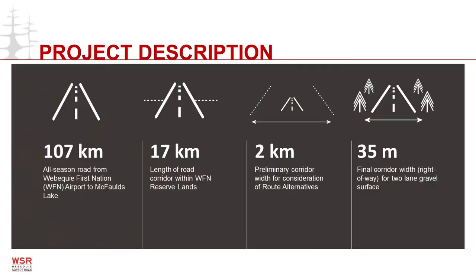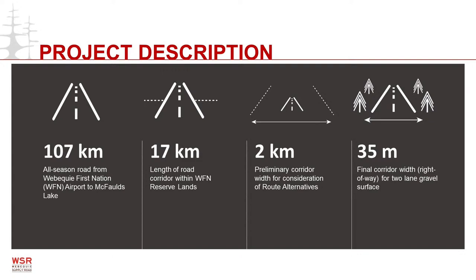The planned road itself is planned to be 107 kilometers in length, as I mentioned, extending from the airport in Webequie First Nation to the McFaulds Lake area, which is in the Ring of Fire. Now, 17 kilometers of this road would run through Webequie First Nation reserve lands.